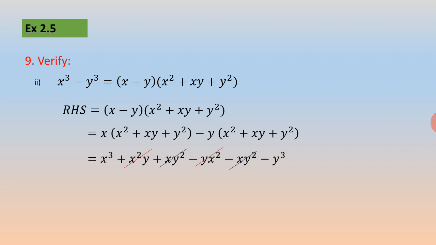And you are left with x cube minus y cube, which is equal to the LHS and the verification is done. In fact, the two sub-questions of question 9 are identities. They can be used further as identities. We have listed these two also in our list of 10 identities.